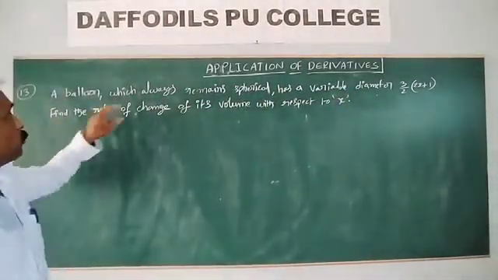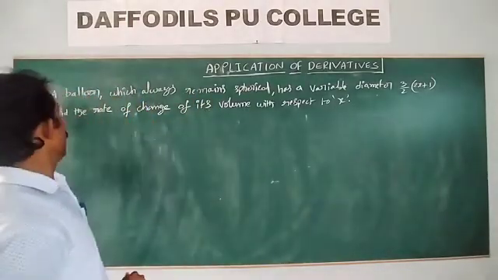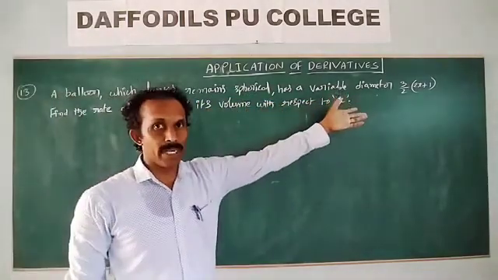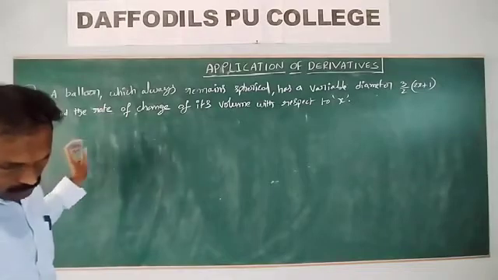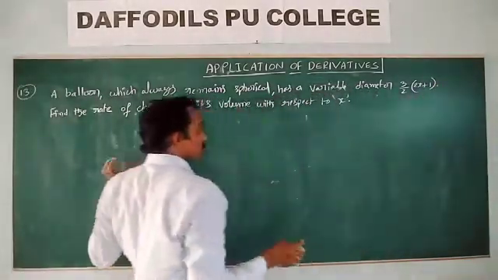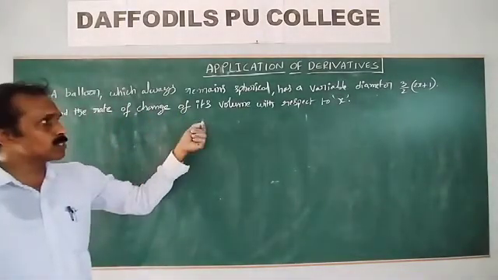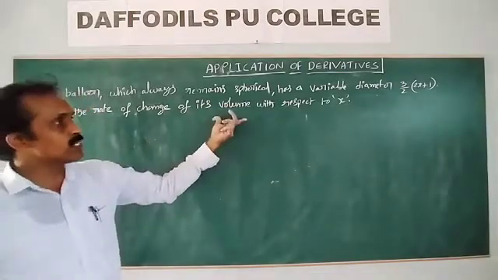A balloon which always remains spherical, means sphere shape, has a variable diameter. Given diameter is 3 by 2 of 2x plus 1. There are no units. Find the rate of change of its volume. So they ask for change in volume. What is volume?